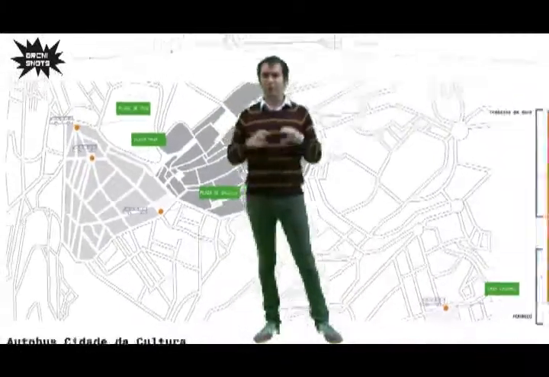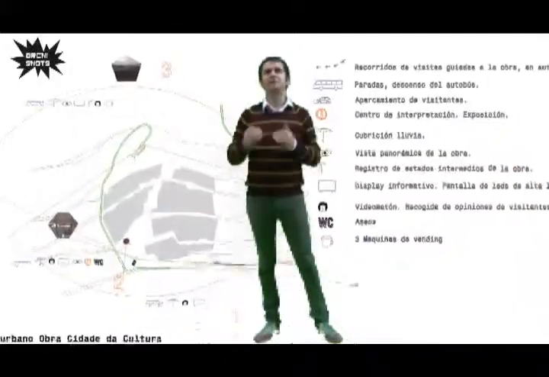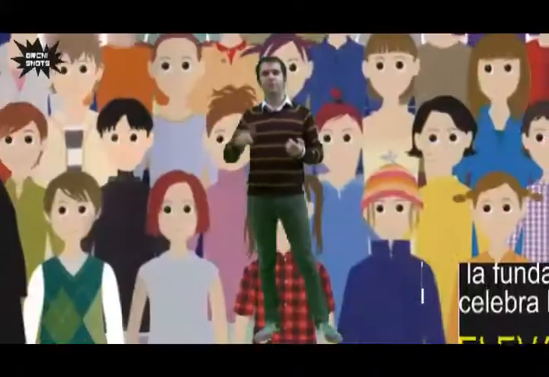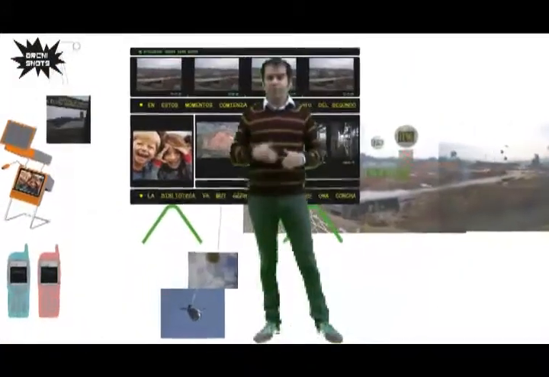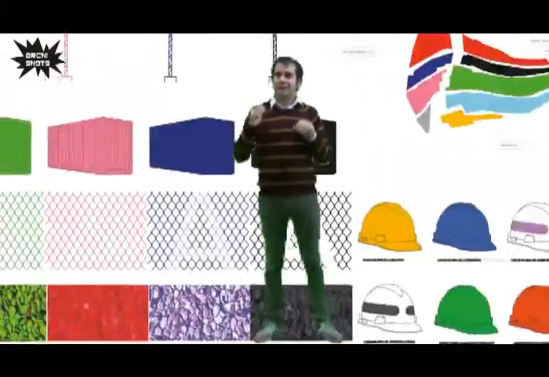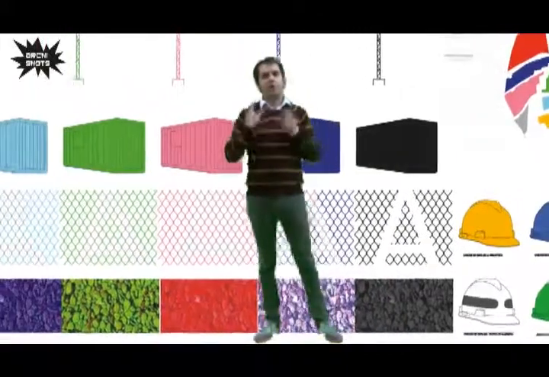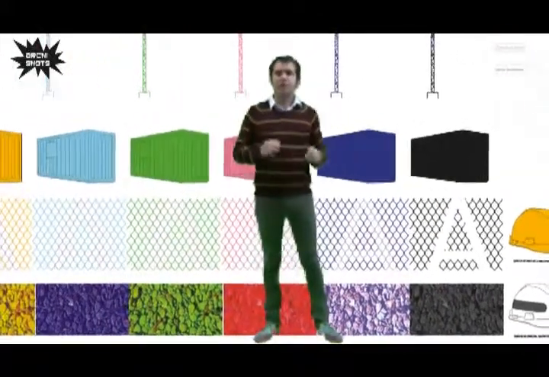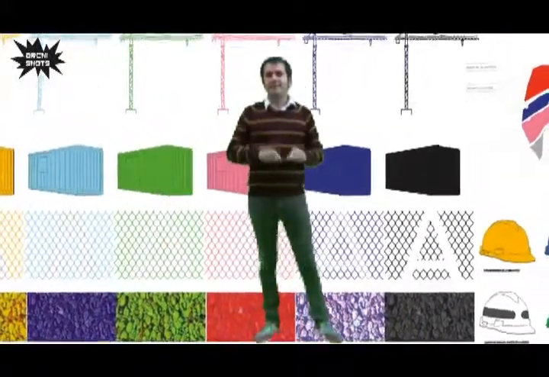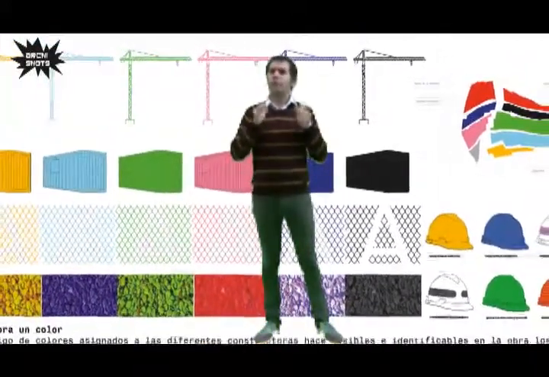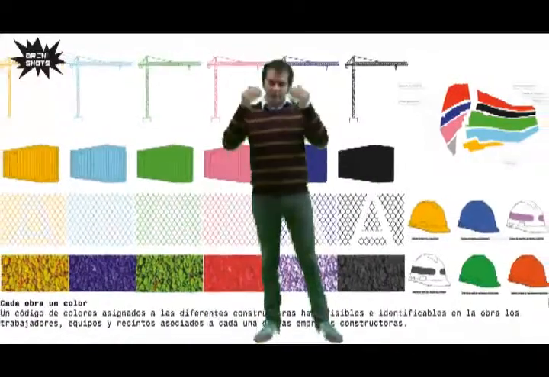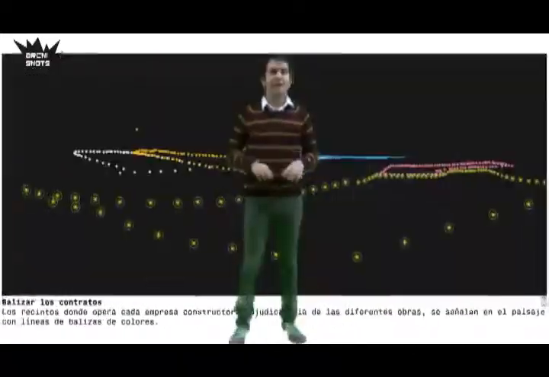We proposed to equip the very building site as a central park, providing canopies for the rain, vending machines to go there and buy drinks or a sandwich. We proposed other things like giving each construction company a color, so all the equipment, the vehicles, and the people that were working for one of these companies were simple to identify.